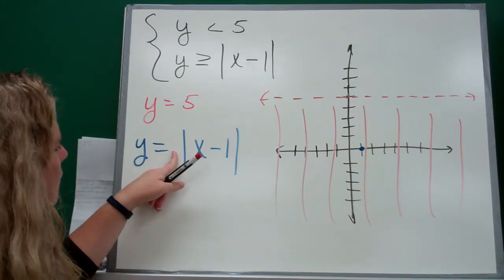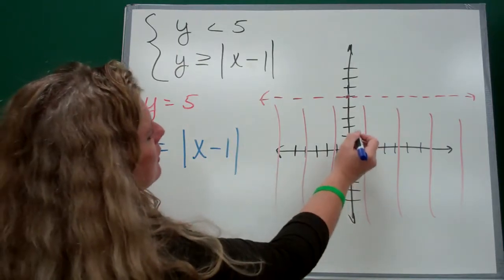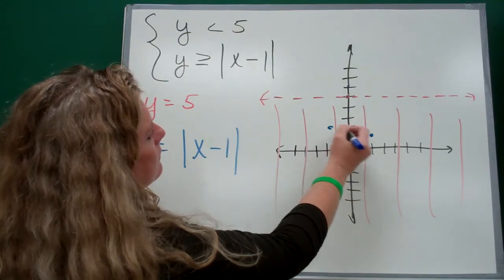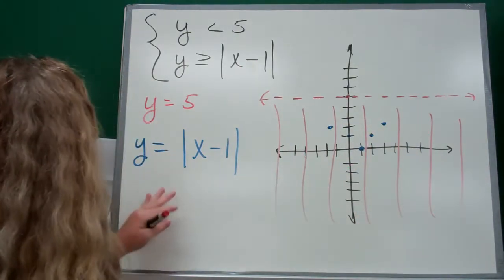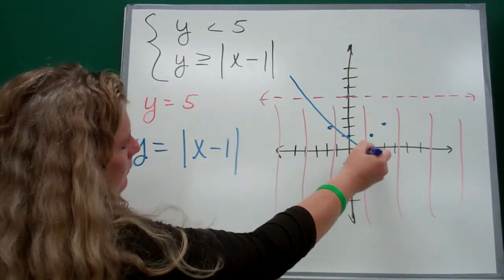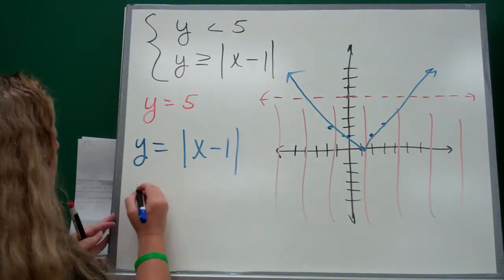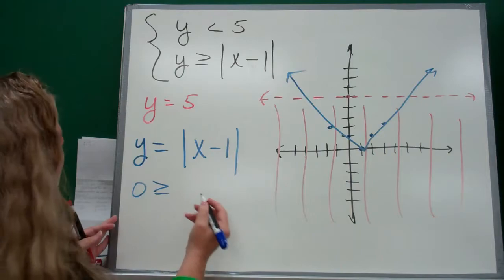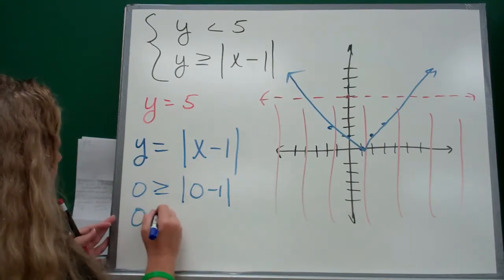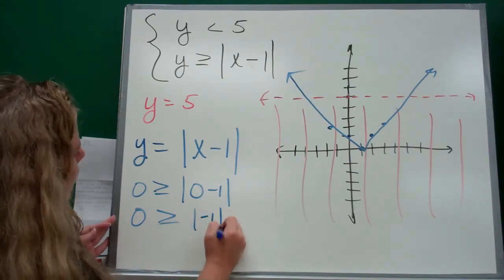Then there's nothing here, so it's going to look just like the parent function, which is the V, up 1 over 1 in both directions, both ways. Okay, and it is solid. Plug in a point to see what works. 0, 0 is not on the line, so we can use that one. 0 greater than or equal to the absolute value of negative 1.